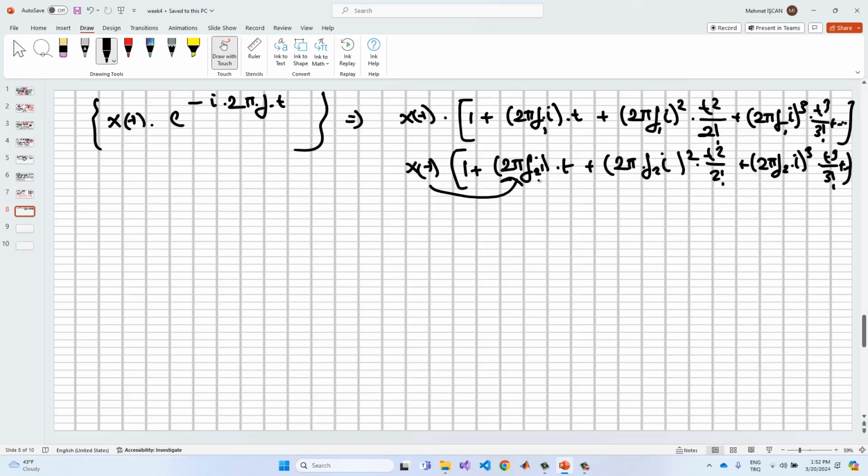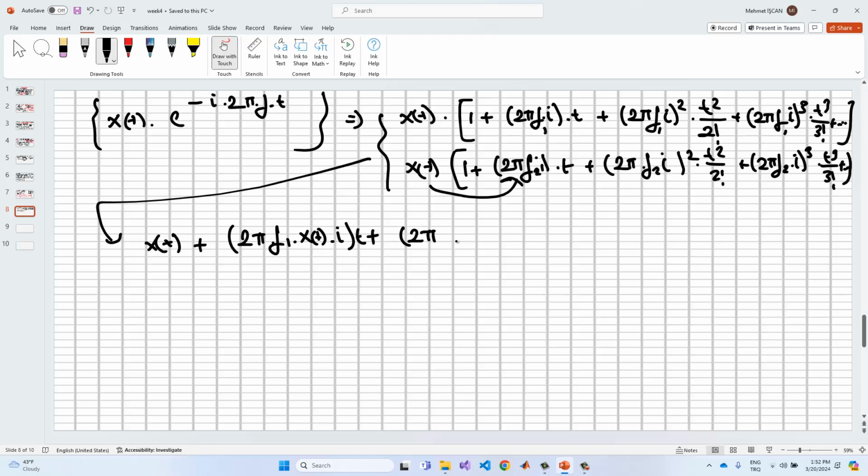We multiply at each time this coefficient, just like this one, x(t) plus 2 pi f1 x(t) i t plus (2 pi f1 i)^2 x(t) t^2 over 2 factorial, and so on, with t^3 over 3 factorial, blah blah blah.